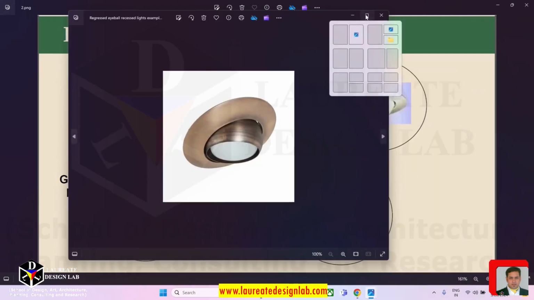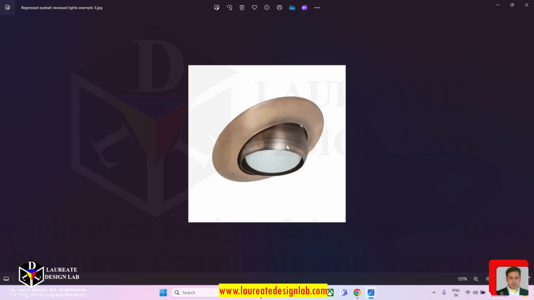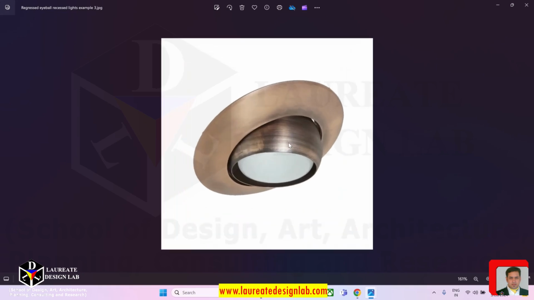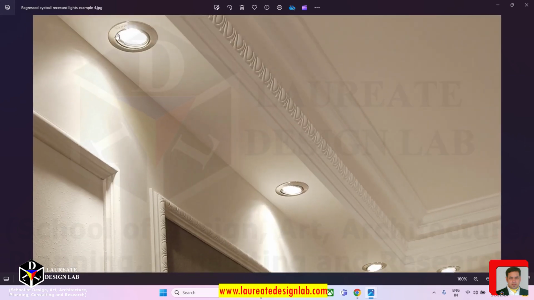This one is regressed light. So regressed eyeball is another name of gimbal. Some people call it gimbal, some people call it regressed eyeball recessed light or spotlight. So this is the example of regressed eyeball recessed light. Why should one use regressed eyeball?